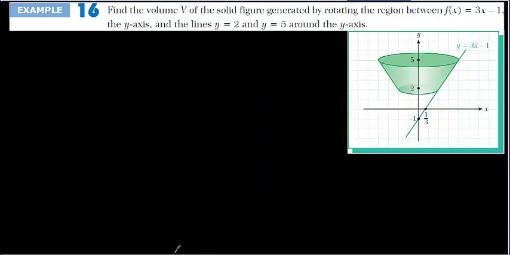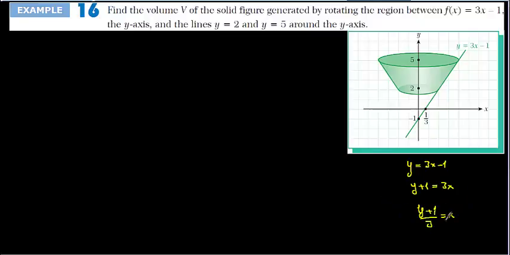Now the function is y equal to 3x minus 1, but when you rotate around the y-axis, you have to write the function in terms of y, which means y equals 3x minus 1, y plus 1 is equal to 3x, (y plus 1) over 3 is equal to x.